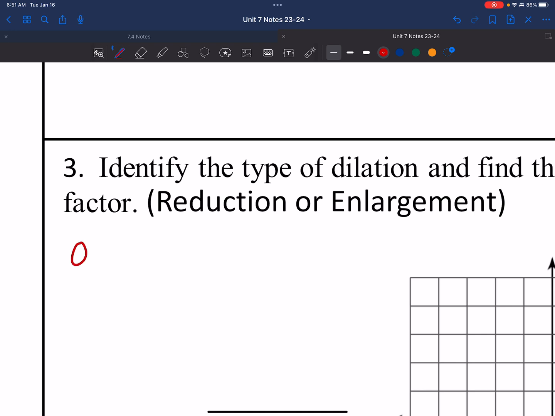So if your scale factor is between 0 and 1, so if it's a decimal or a fraction, then it's going to be a reduction. And if your scale factor K is bigger than 1, it's an enlargement.